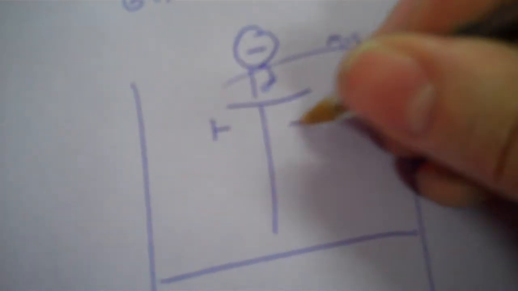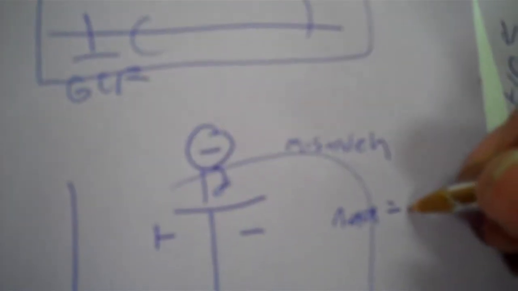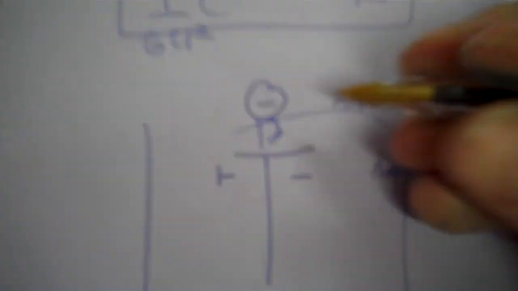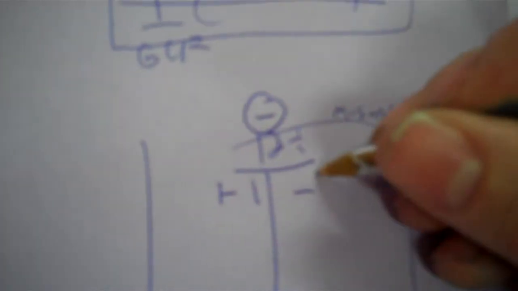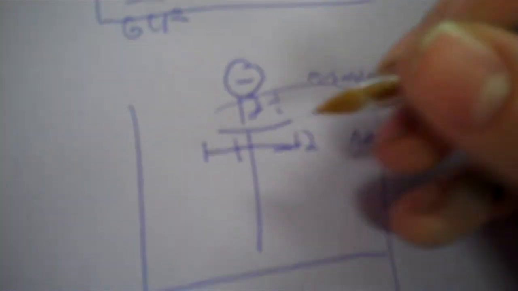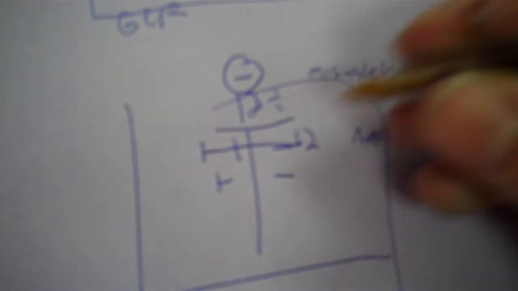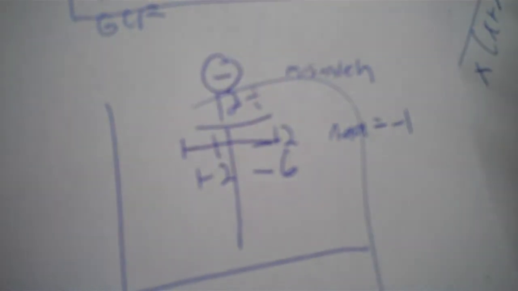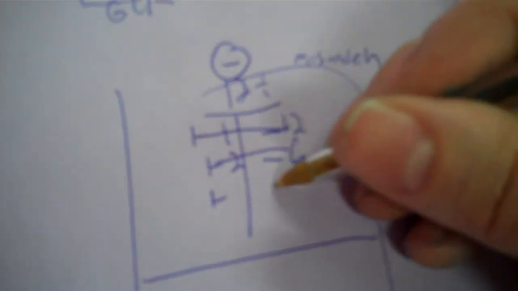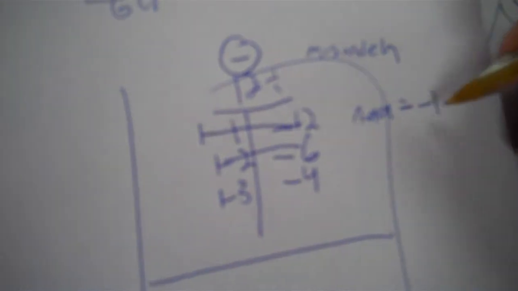It'd be a positive times a negative, and we're trying to add to the b, negative 1. 12 divided by 1 is 12, doesn't add to negative 1. 12 divided by 2 is 6, that's negative 4. 12 divided by 3 equals 4. That's it right there.